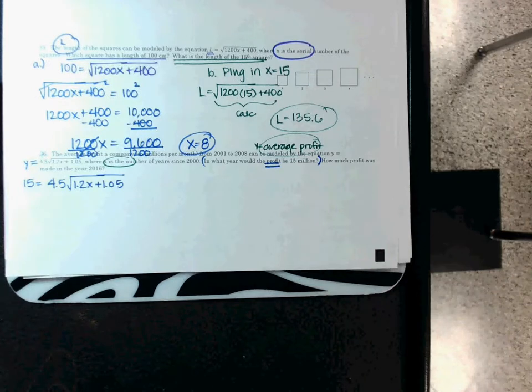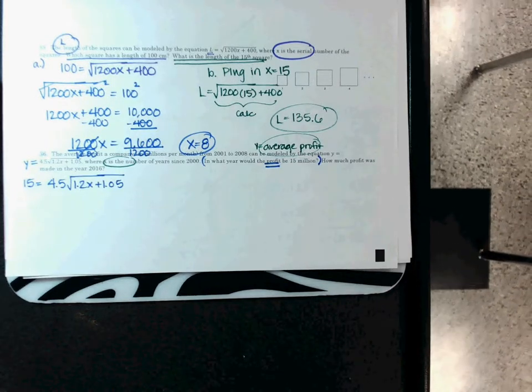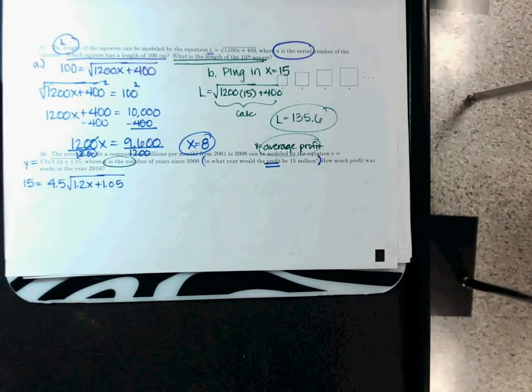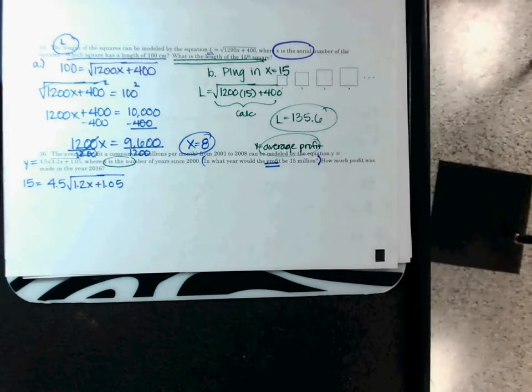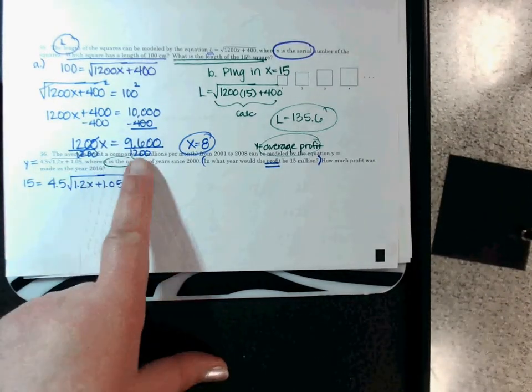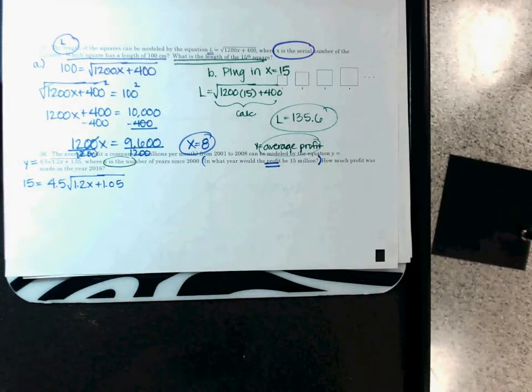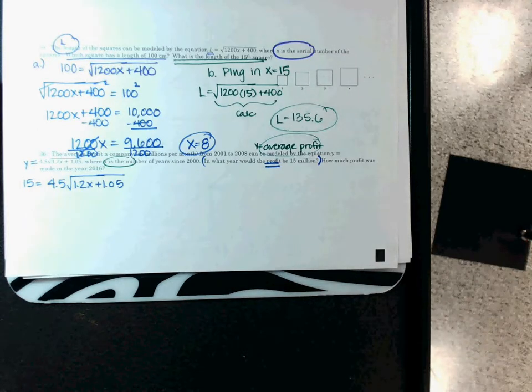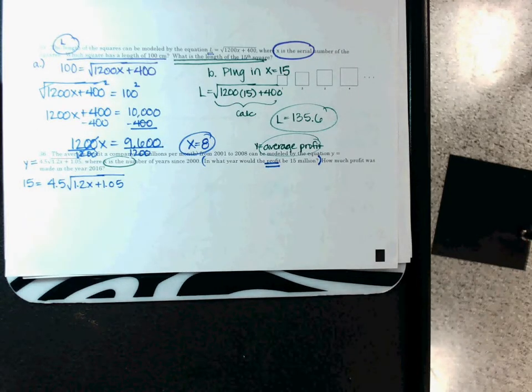I'm not sure if the one on your test is like this, but you don't have to put a bunch of zeros behind it because the profit's already in millions. So if it's 15 million, I'm just plugging in 15. Don't put a bunch of zeros after it.